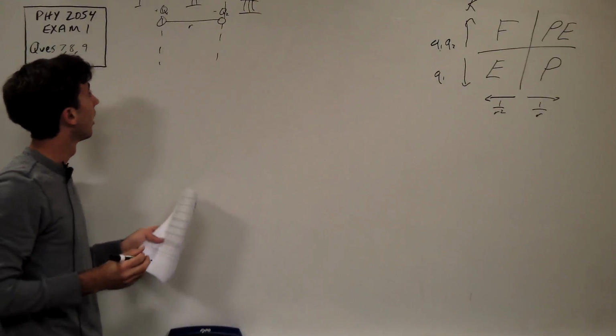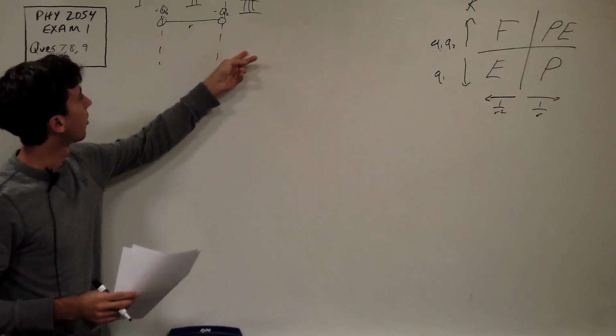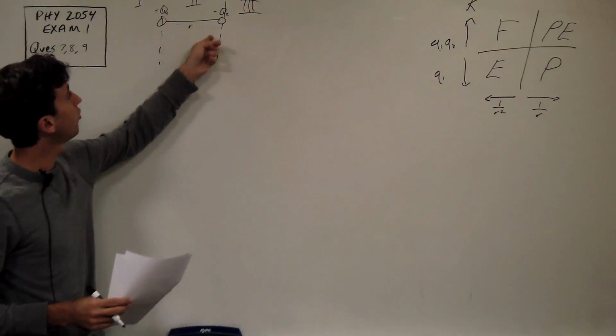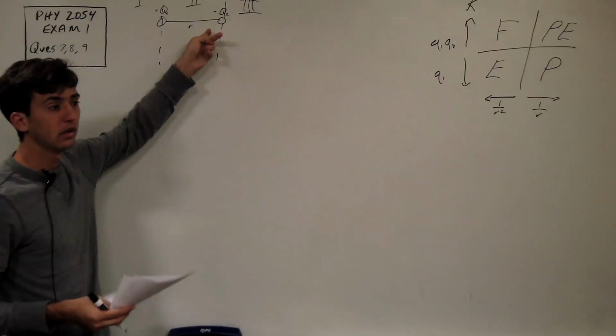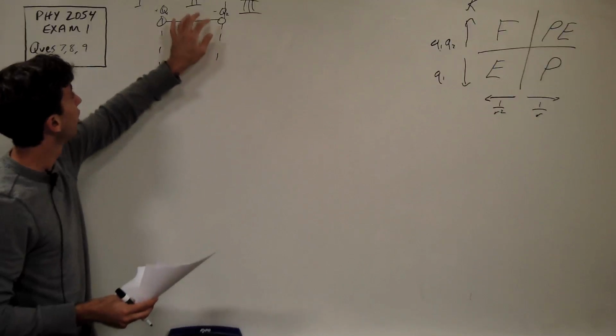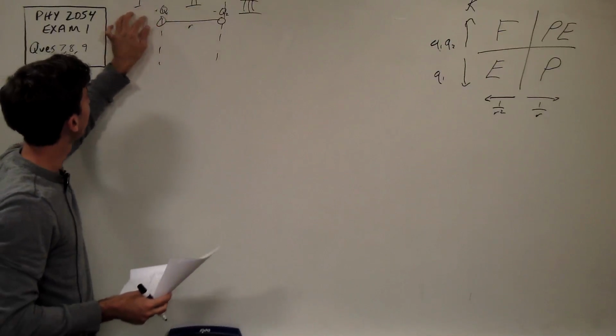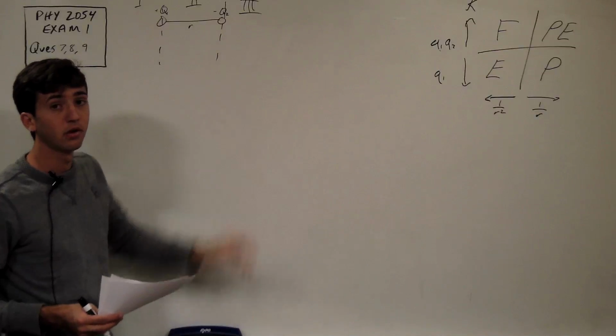Now, the first step is to figure out where the electric field should be 0. If Q1 and Q2 have the same charge, as in both positive or both negative, you'll find it in region 2. Otherwise, it will be in either region 1 or region 3.